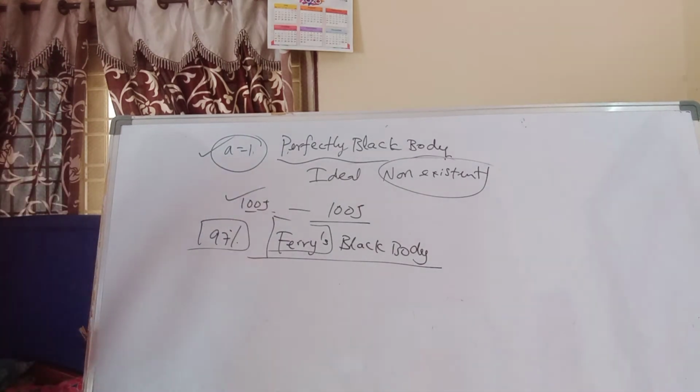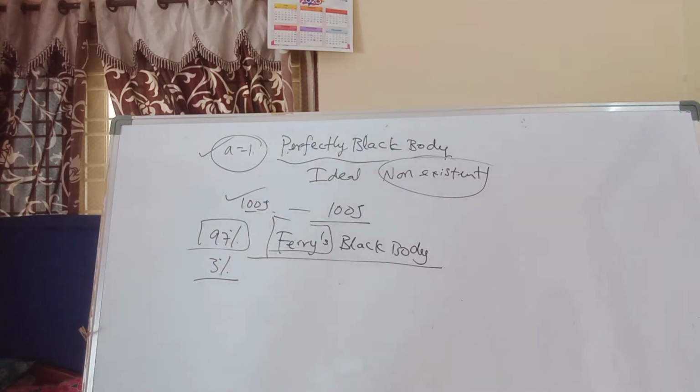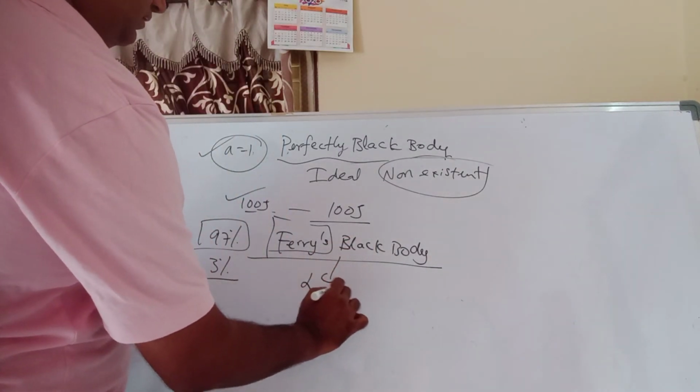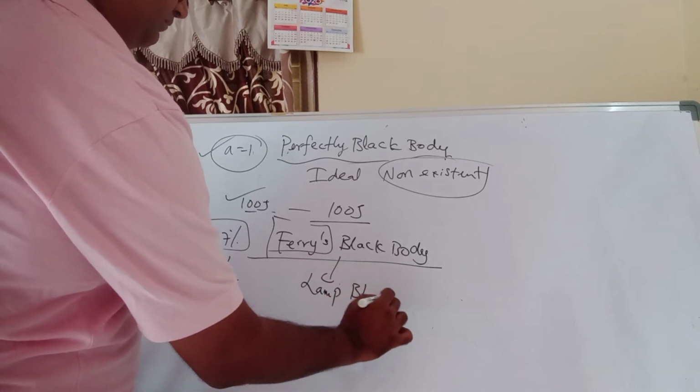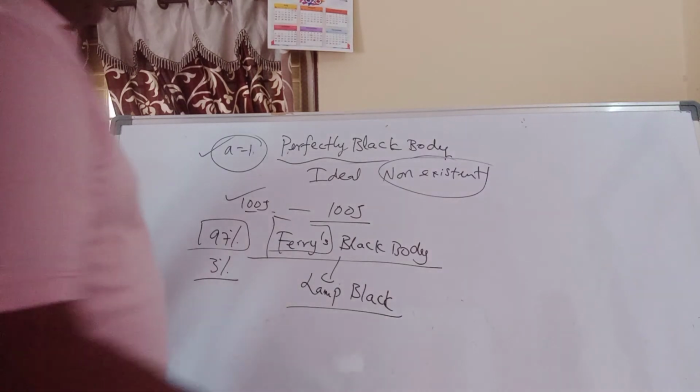That means you supplied 100 joules of energy and 97% was absorbed by the body. The remaining 3% went into reflection. The example for this is lamp black, which is used to construct the setup.